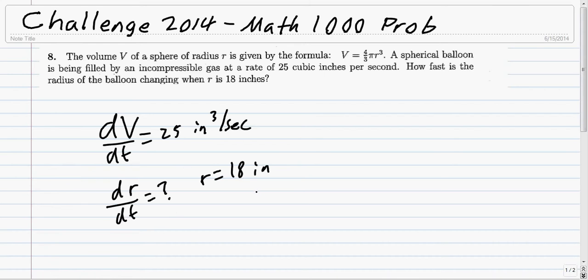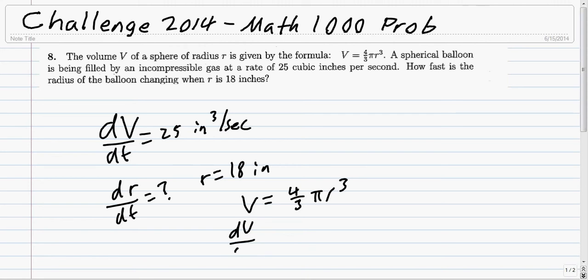Now, what formula can we solve this from? It is what we were given in the first place, which is the formula for the volume of a sphere. So write down the volume for a sphere, which is 4/3 pi r cubed, and here we have the formula. But here we can plug in r, but we can't plug in dV or dt. So what we need here is to differentiate the formula and see if we can find our final answer for dr over dt.